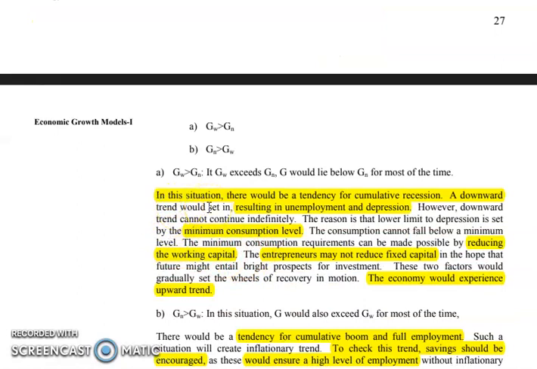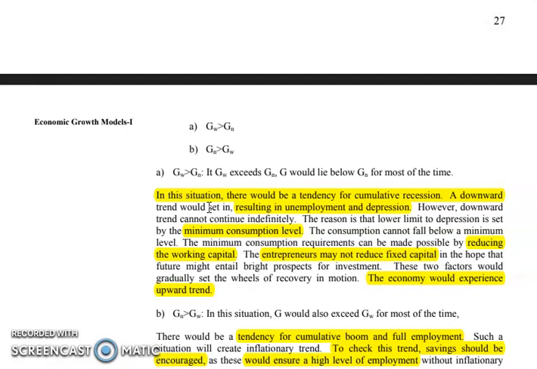When GW is greater than GN, that means GW exceeds GN, and G would lie below GN for most of the time. Thus the actual growth rate is less than the natural growth rate. In this situation, there would be a tendency for cumulative recession.